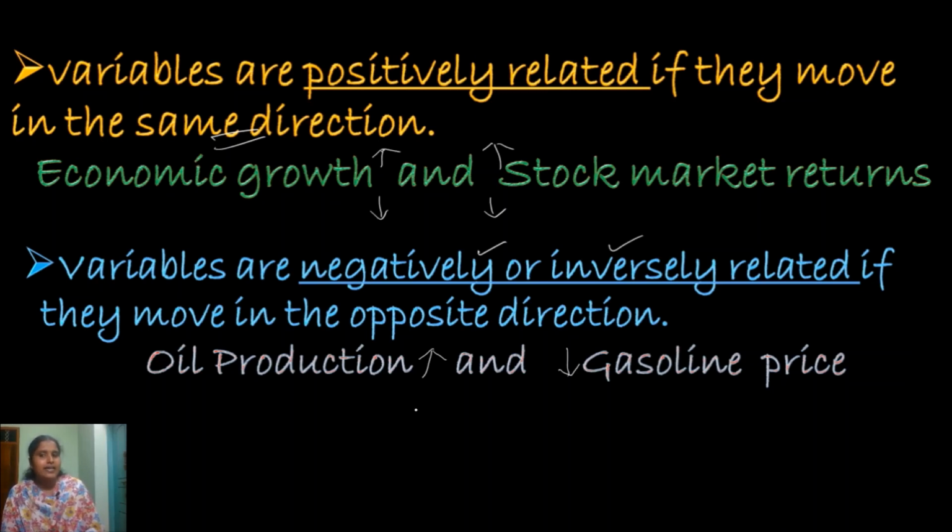On the other hand, if the oil production decreases, definitely the gasoline price increases. Here both of the variables move in opposite directions. If so, then we say the two variables, oil production and gasoline price, are negatively or inversely related to each other.